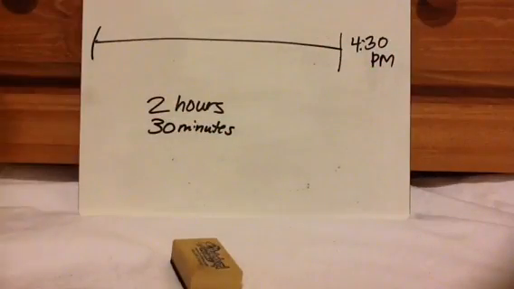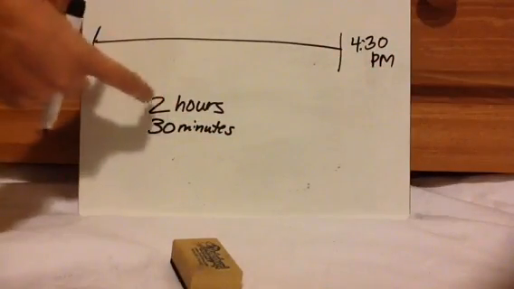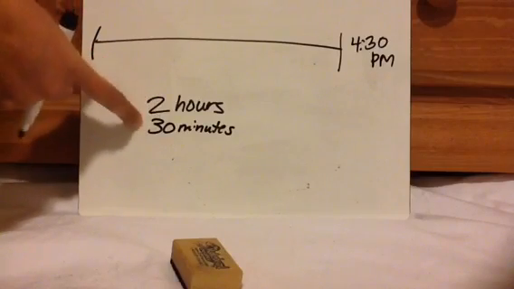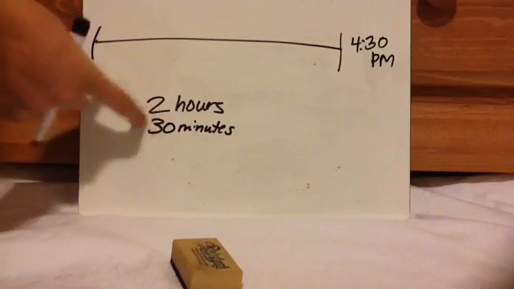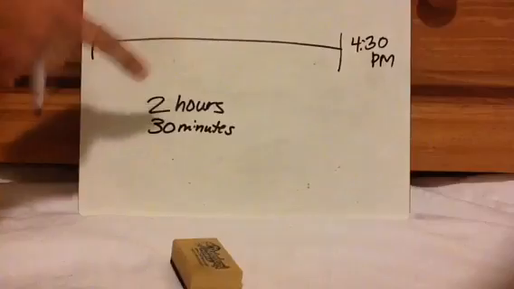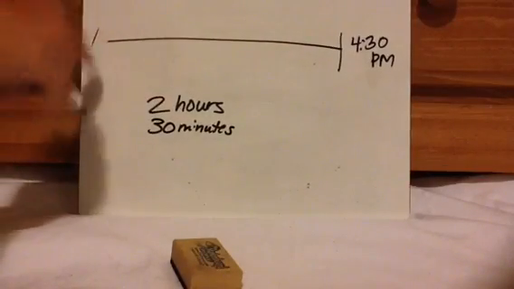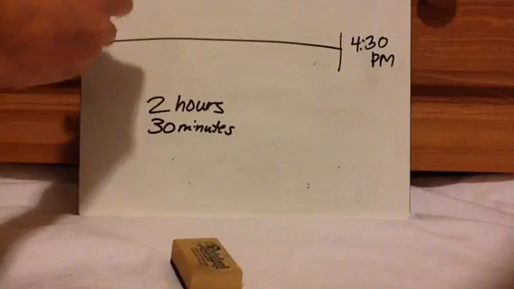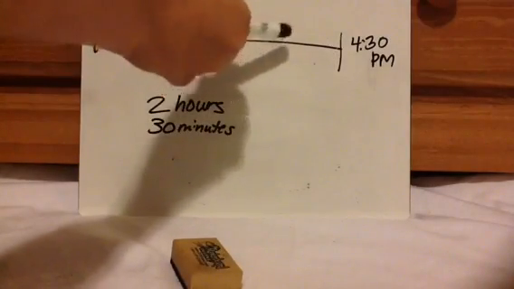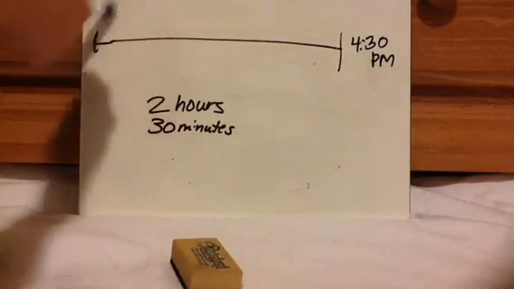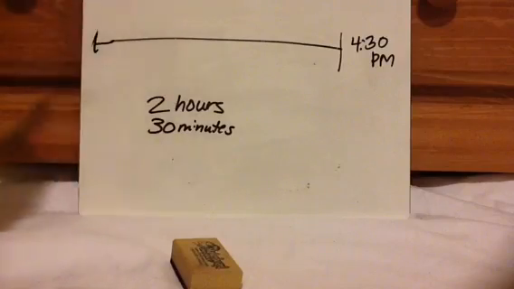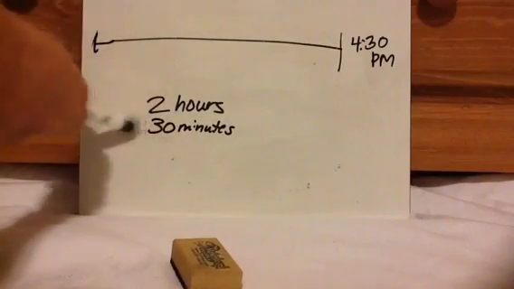So this is obviously going backwards, so you would start here and go like this. So you have two options here. You could go back 2 hours and then do the 30 minutes, or you could go back 30 minutes, because if you notice that's at 4:30, and then do your 2 hours. So just so you can see what I'm talking about, you could do 4:30, back 1 hour, 3:30, back 1 hour, 2:30, back 30 minutes, 2 o'clock. But you can also do the minutes and then the hours.